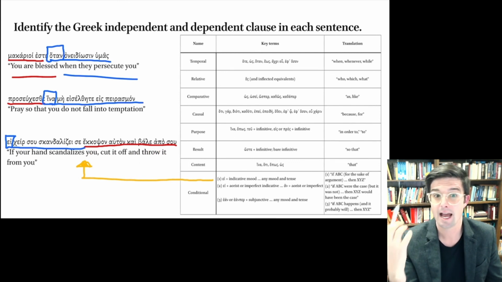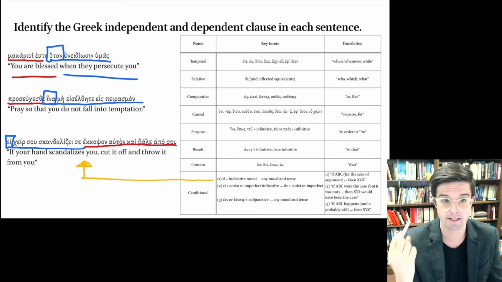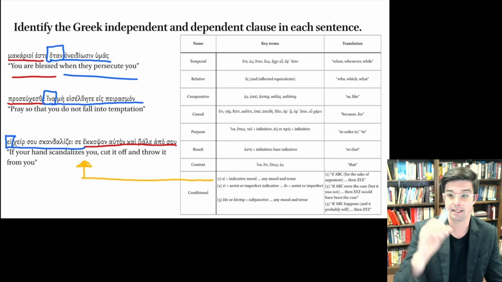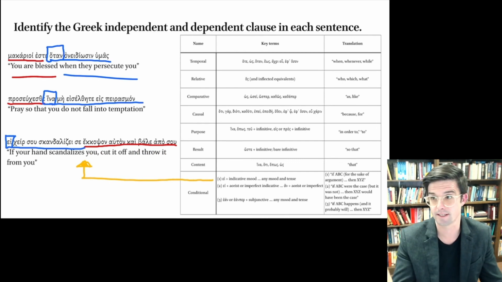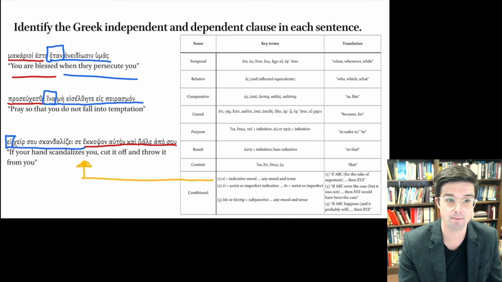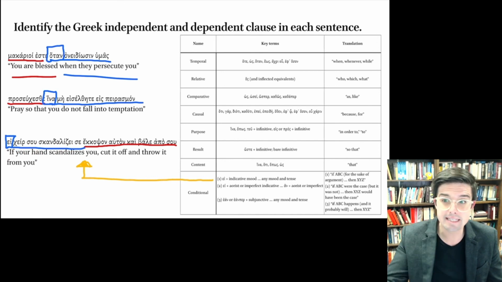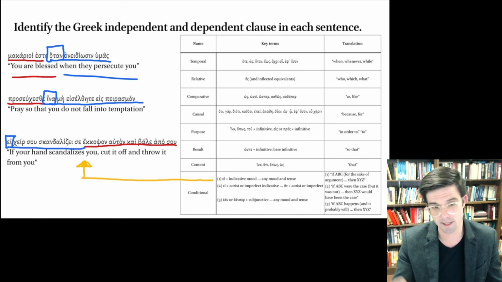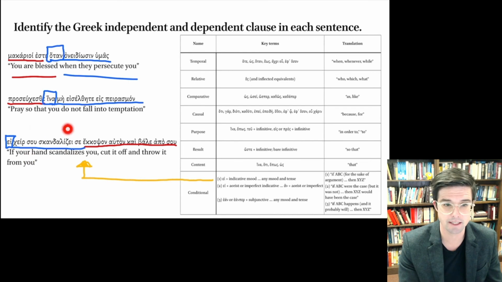They make sense as a complete sentence. They contain a subject and an object, and they don't depend on anything else to make sense. Whereas the if statement, if your hand scandalizes you, needs something else. It begs for something else to complete the meaning. It's a dependent clause. And in this case, we have a conditional clause, and specifically a first class conditional.